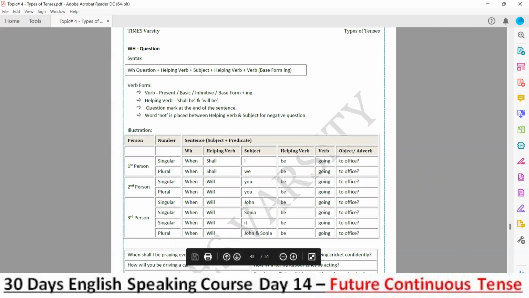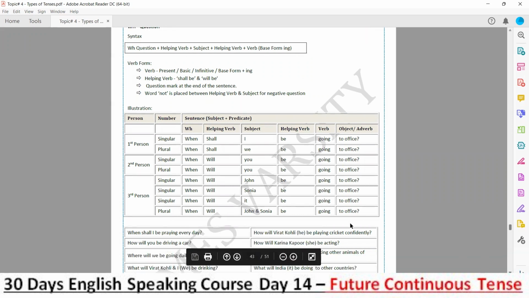So now here we have, when will you be going to office? आप कब ऑफिस जा रहे होंगे? Right? When will Sonia be going to office? Sonia कब office जा रही होंगी? Right? So this will be the translation.